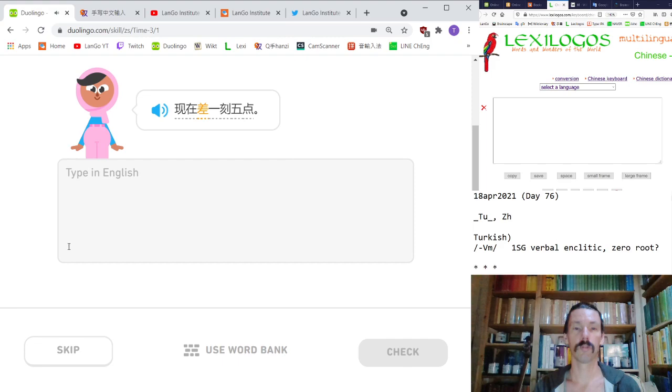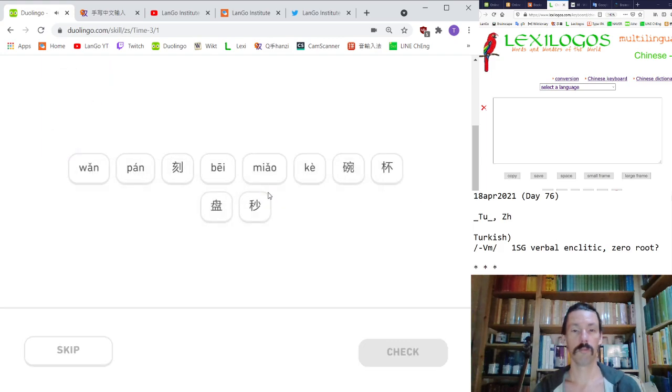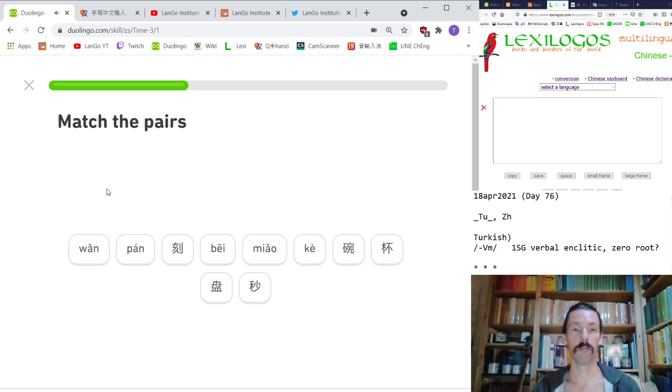现在差一刻5点。So lacking 1/4, 5 o'clock, it's 4:45 now. Bowl, this one. 碗.